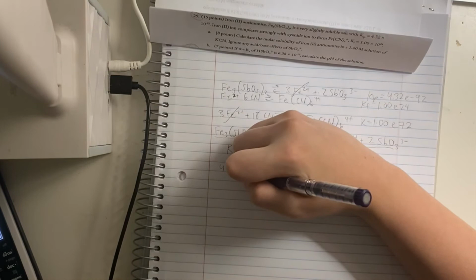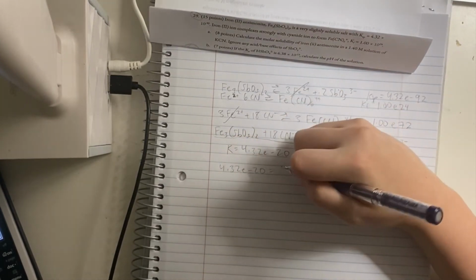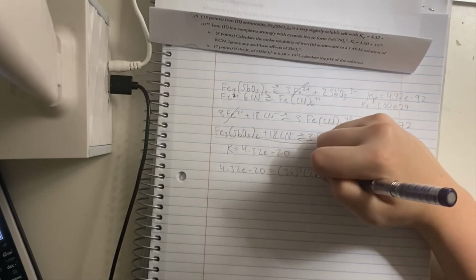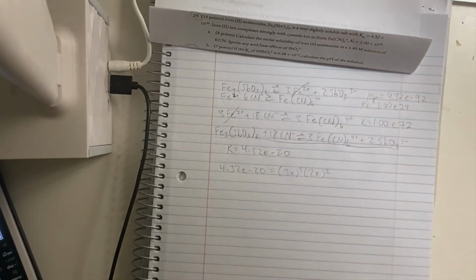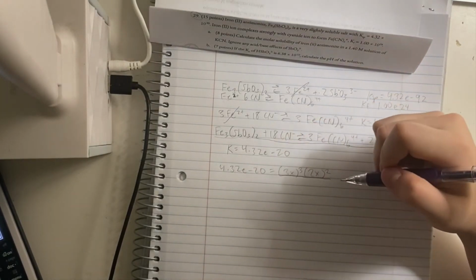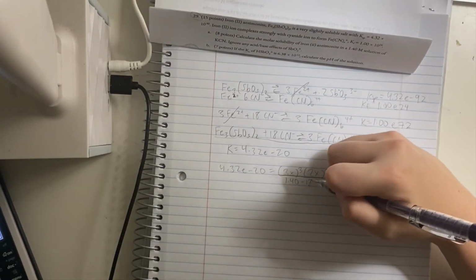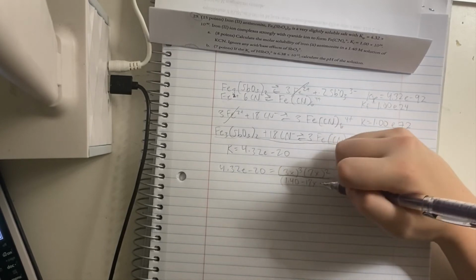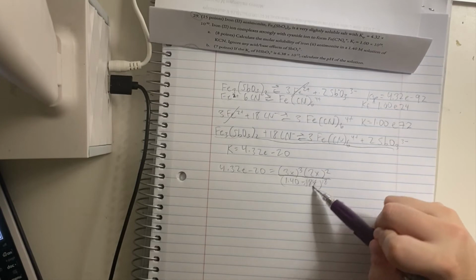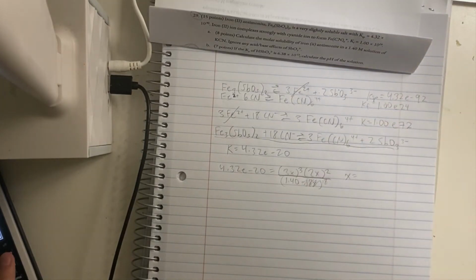Okay, so we have 4.32e-20 equals 3x cubed times 2x squared, if you look here, and then that would be 1.4 minus 18x to the 18th. But because this is really small, we can go ahead and ignore this little x, and now we can just solve for x.